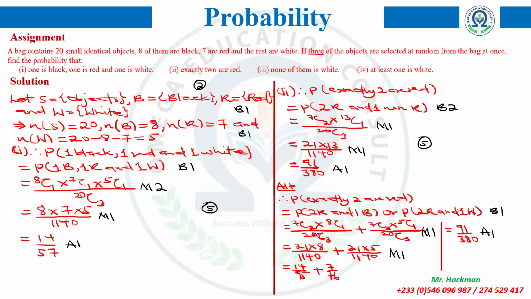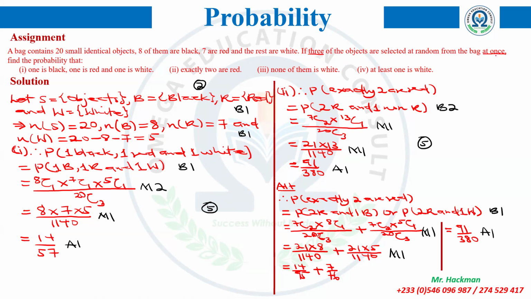You know, this is a key word, a very significant word, that must always be considered anytime you are dealing with a probability question. Find the probability that, and obviously, you can see the various probabilities or events that you are asked to find. Please take note.